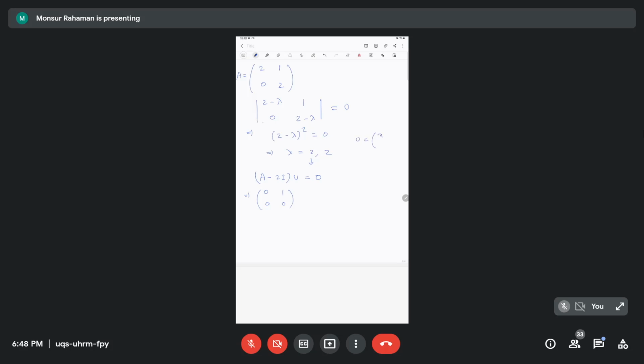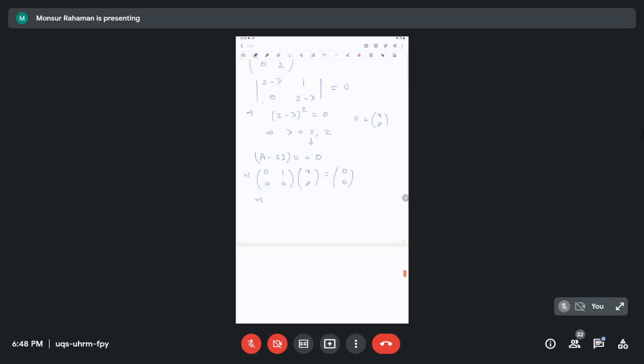You can consider x1, y1 or x, y only, or v1, v2, let's call it x and y. So this is x, y equals 0, 0. So we will have y equals 0. This is the only equation we will find.